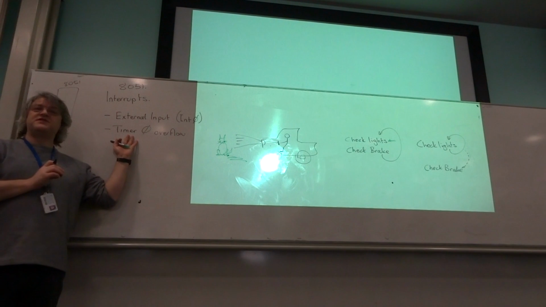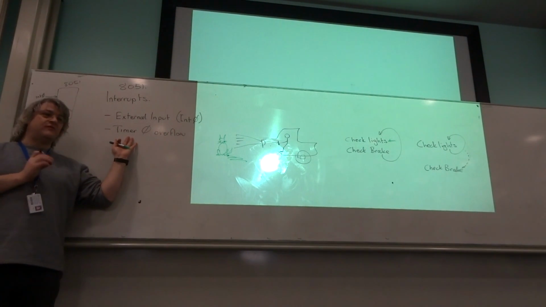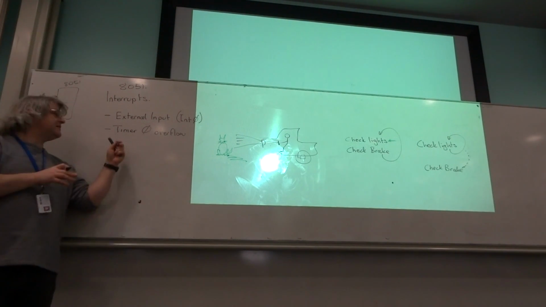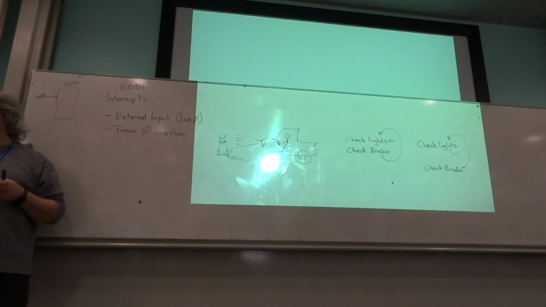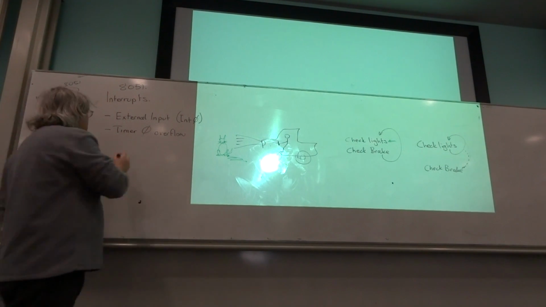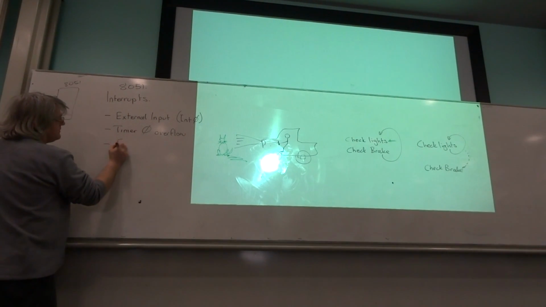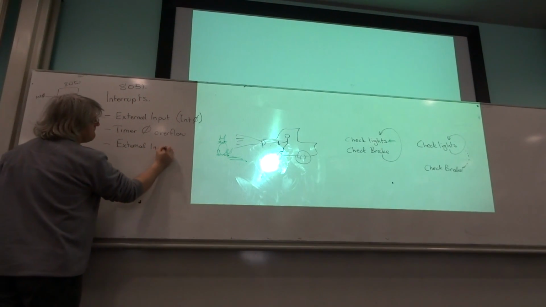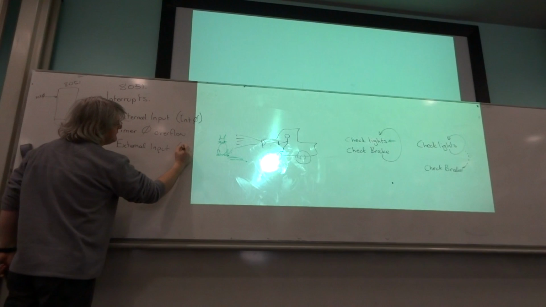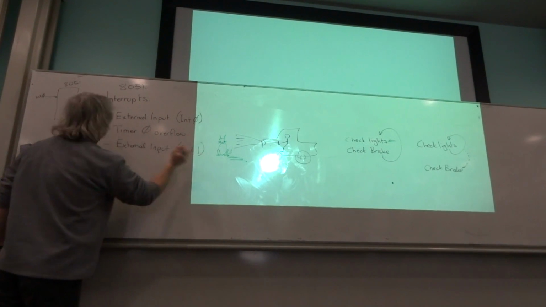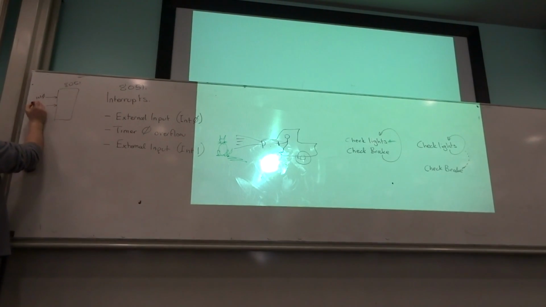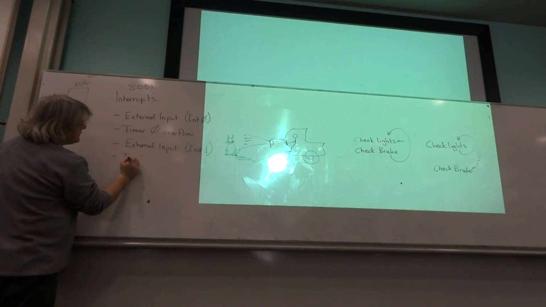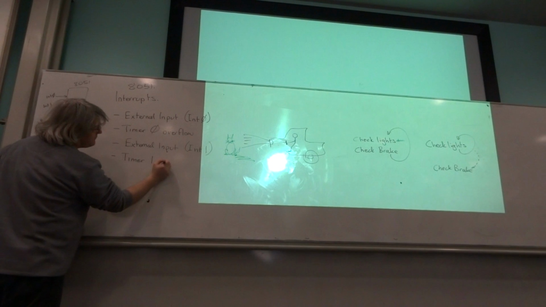It's possible to run the timer, and when the TF flag overflows, it will stop doing whatever it was doing and immediately deal with the overflow. Next one, external input 1. That's int 1. So that's another one over here. Next one, not surprisingly, timer 1 overflow.